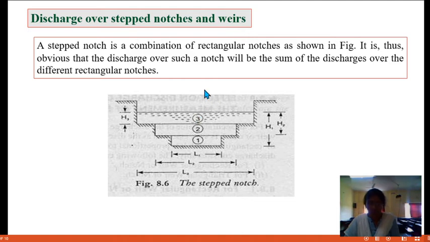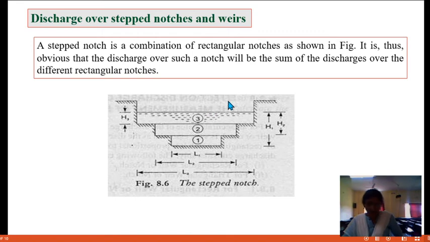So when writing the discharge equation, we have to consider each step, writing the discharge equation for each rectangular notch. After that, by adding all those steps, we get the total discharge equation for the stepped notch.